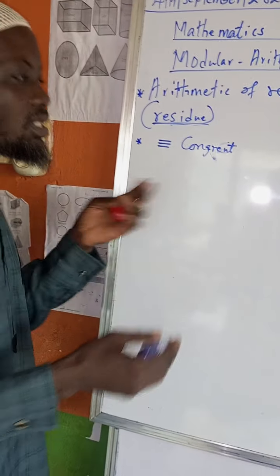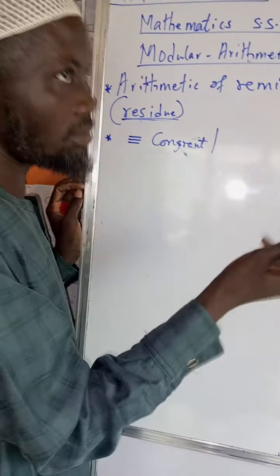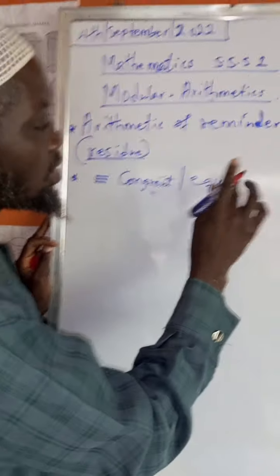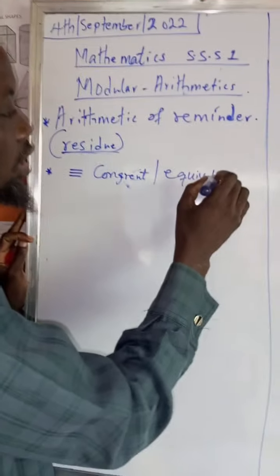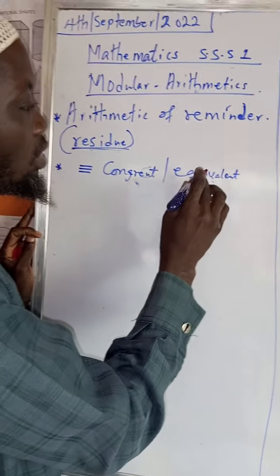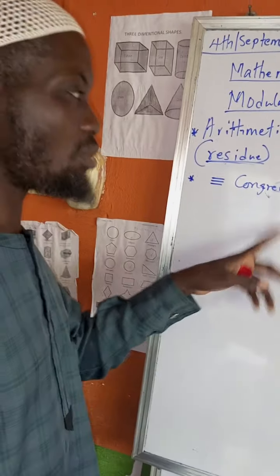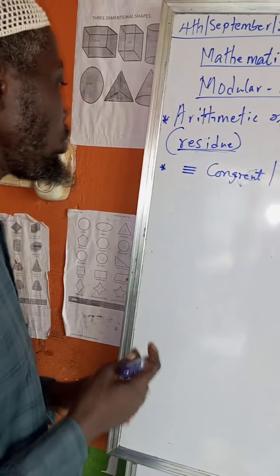Congruence is mostly equivalent, or mostly equal to.